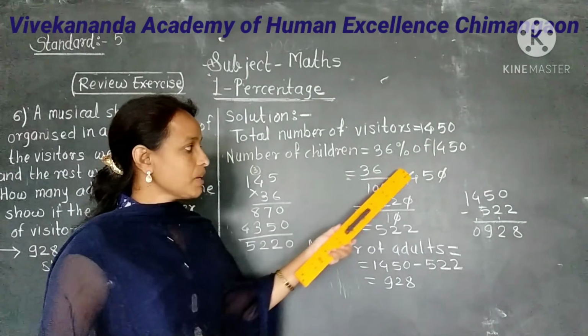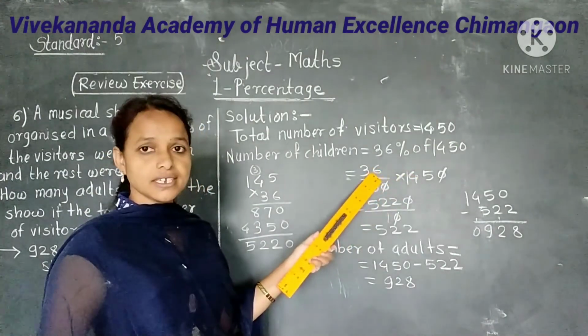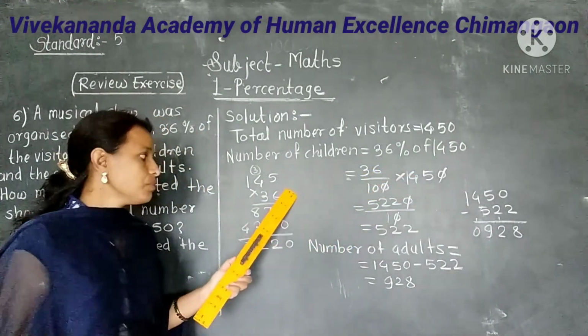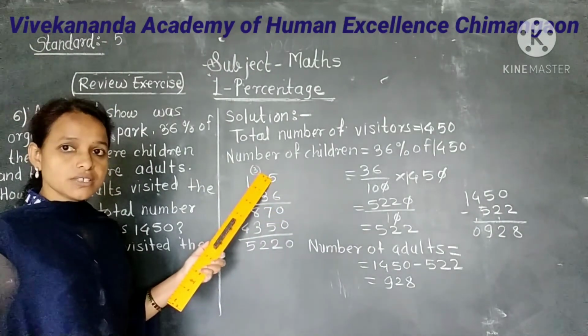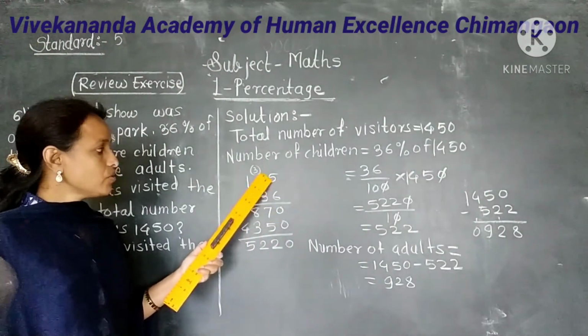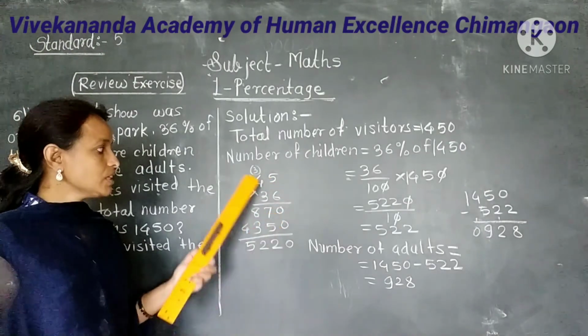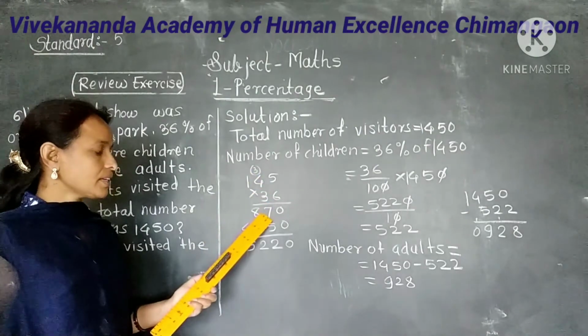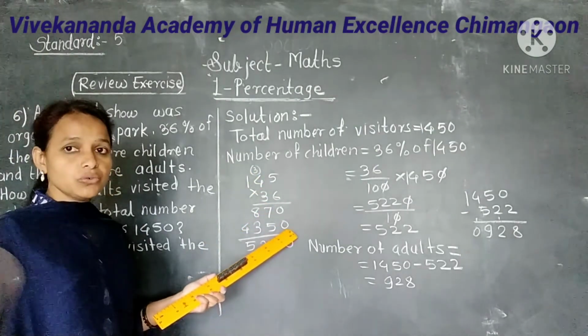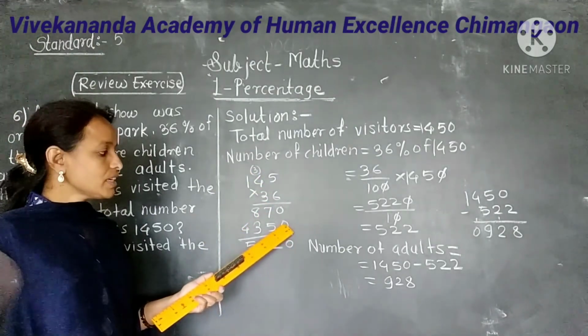Now we have to multiply 145 by 36. Here we multiply 6 5s are 30, 0, 3 carry over. 6 4s are 24, 24 plus 3 is 27, 7 carry over. 6 1s are 6 plus 2 is 8. Now here we have to multiply by 30. So we write here 0.